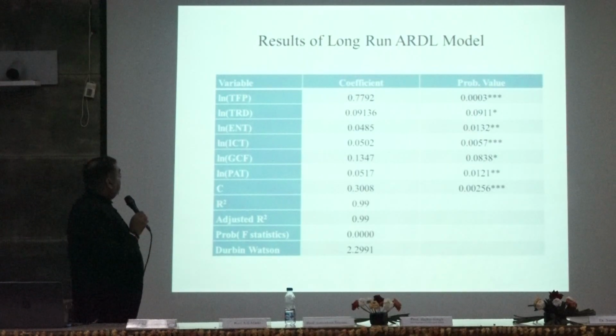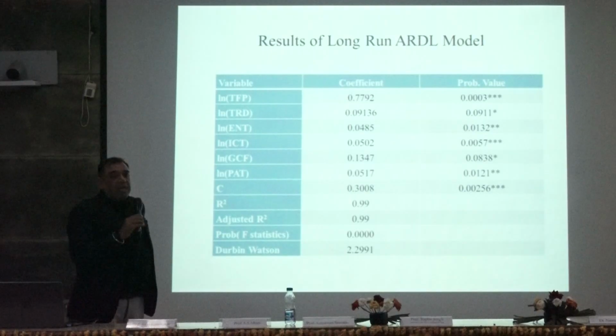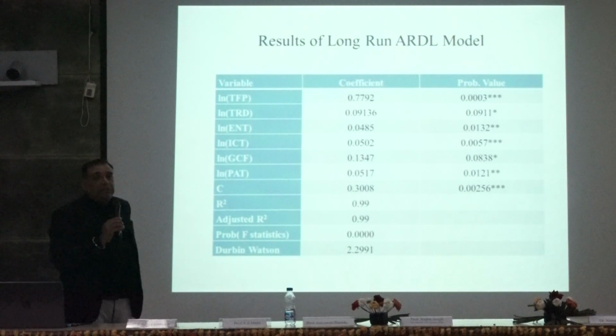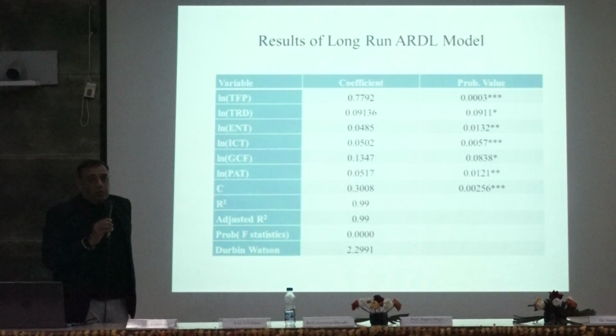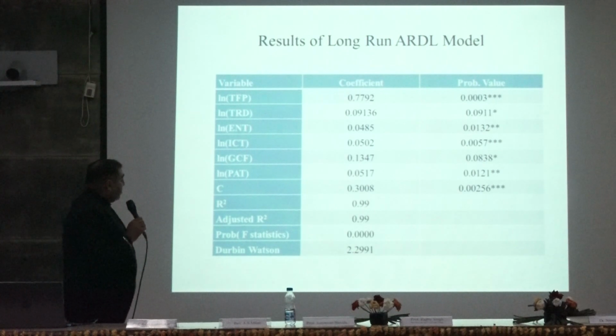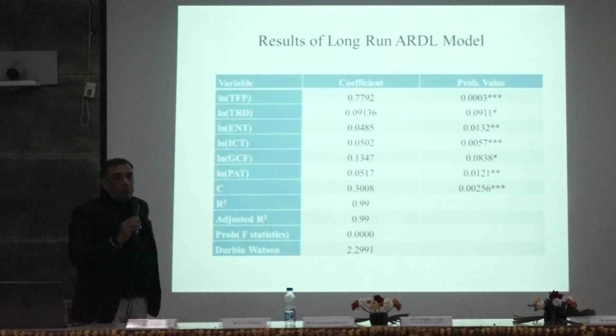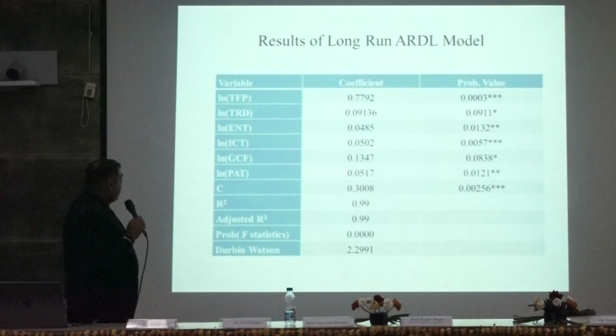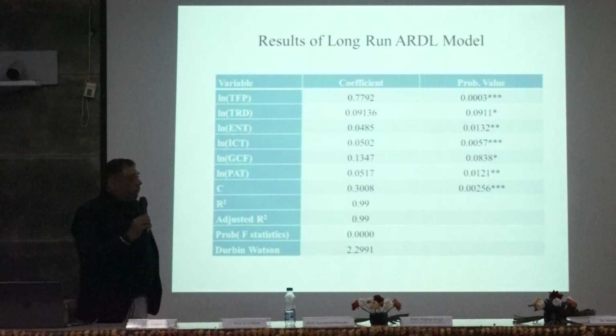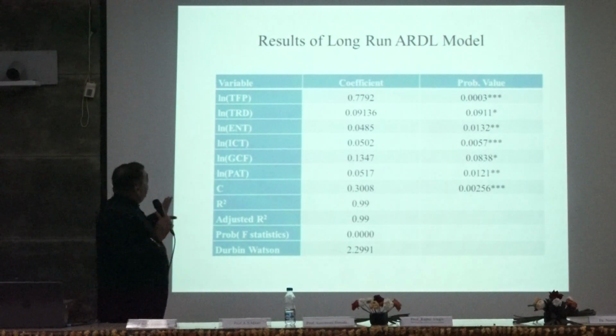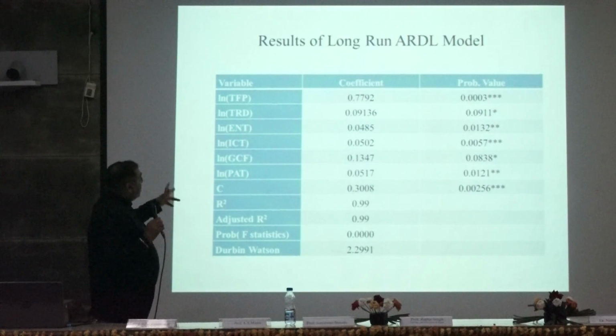Now you can see here the R square is 0.99, which means the model is a good fit, and Durbin Watson is near 2.2, which is also very good, and the F statistic is also significant. Here the dependent variable is total factor productivity.